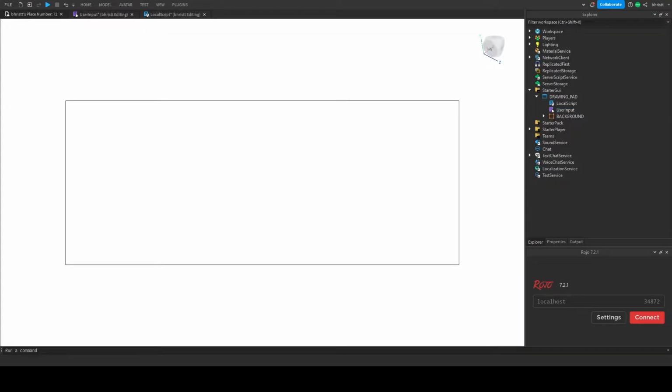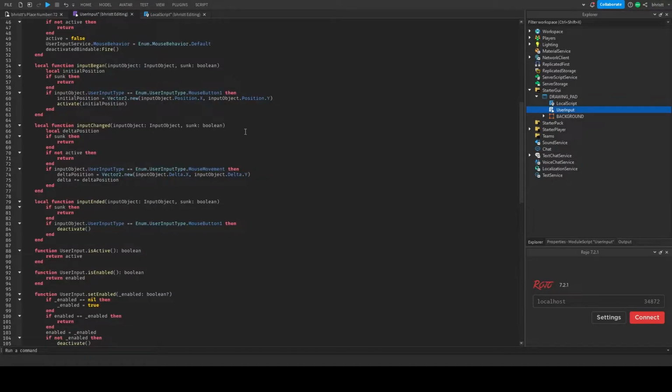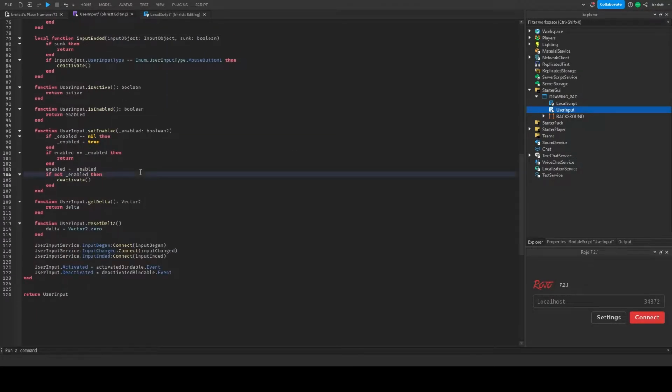Before we begin doing anything in this part, I want to highlight some changes I made to this user input module. So here on the set enabled function, we had this part right here. If enabled equals this enabled parameter, then we do nothing and we set enabled to the argument that was passed through this parameter.